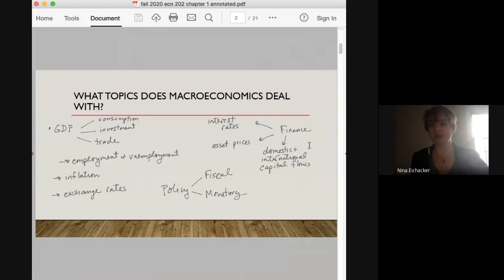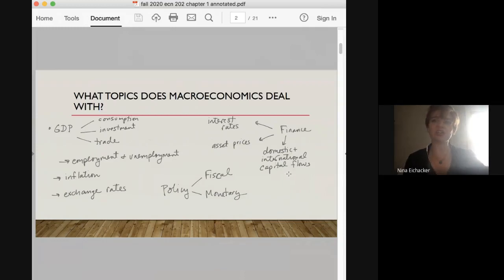Finance is a big topic that comes up in macro. My own work focuses a lot on the role that banks play in an economy at the broad level, thinking about whether banks are lending, how banks are lending, what assets they are creating, thinking about the implications that banks' behavior has for interest rates or asset prices, and also thinking about the relative activity that banks engage in domestically and abroad.